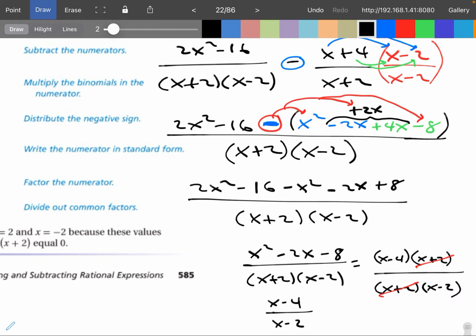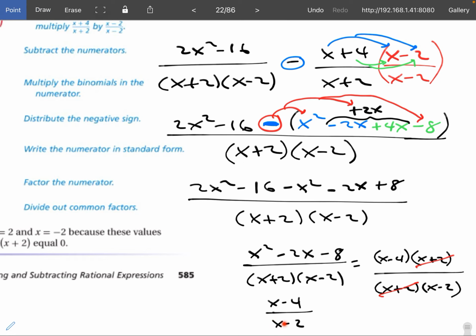And on this one, let's make the note about any values that would make the expression undefined. So what can you not put in right here? Yeah, x cannot equal 2, right? But then even though this canceled out over here, you still have to look at that. So what can x not be right here?